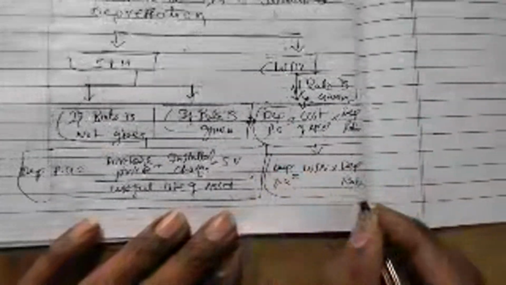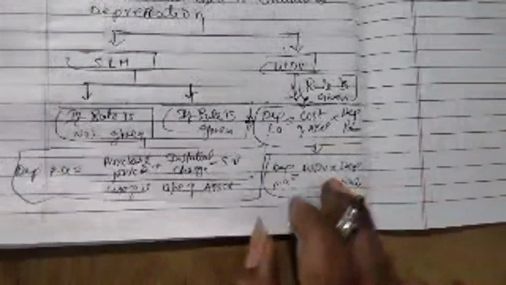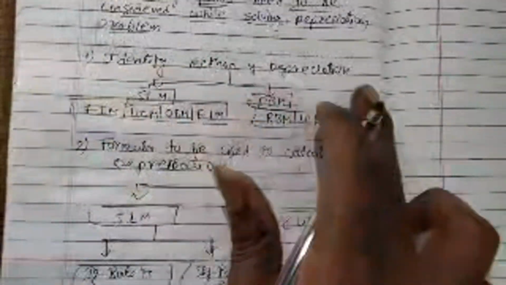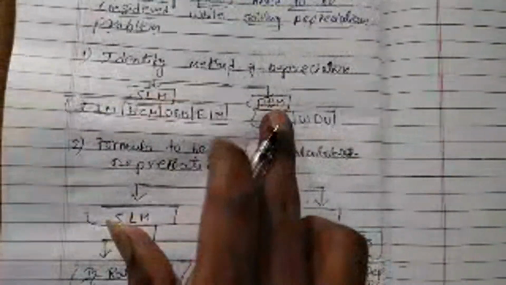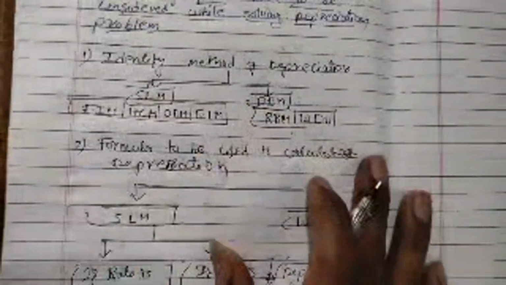Every time you need to calculate depreciation under written down value. These are the things. First thing you need to identify is the method, straight line method or written down value method, or diminishing balance method.